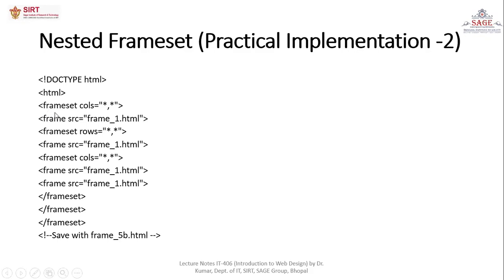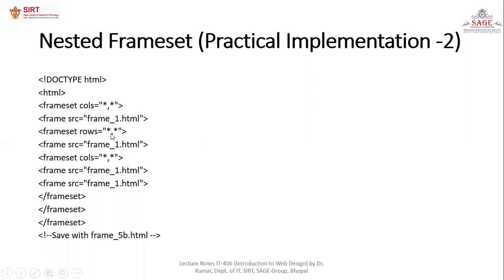I take the frameset cols. I divide into two columns, okay? Now the frame src: inside the first column I put the content of frame_one. Now frameset rows: the second column I divide into two rows.